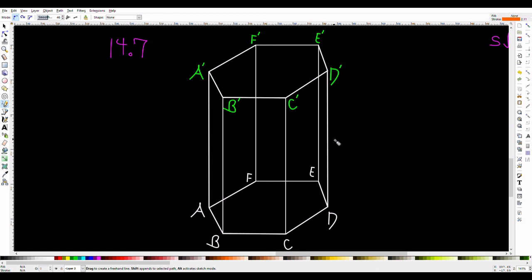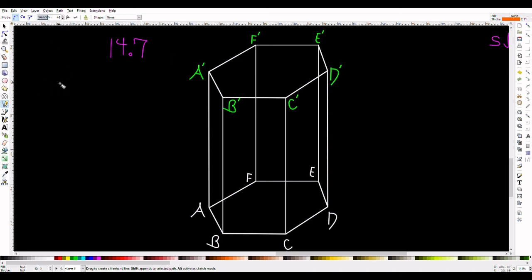So since the sides are forming right angles with the bases, we know that each of these sides is going to be a rectangle, and that's extremely helpful to know. And since each one is 4 by 8, each one has 32 square units. And 32 times 6 would be some larger number, which would be the lateral surface area.